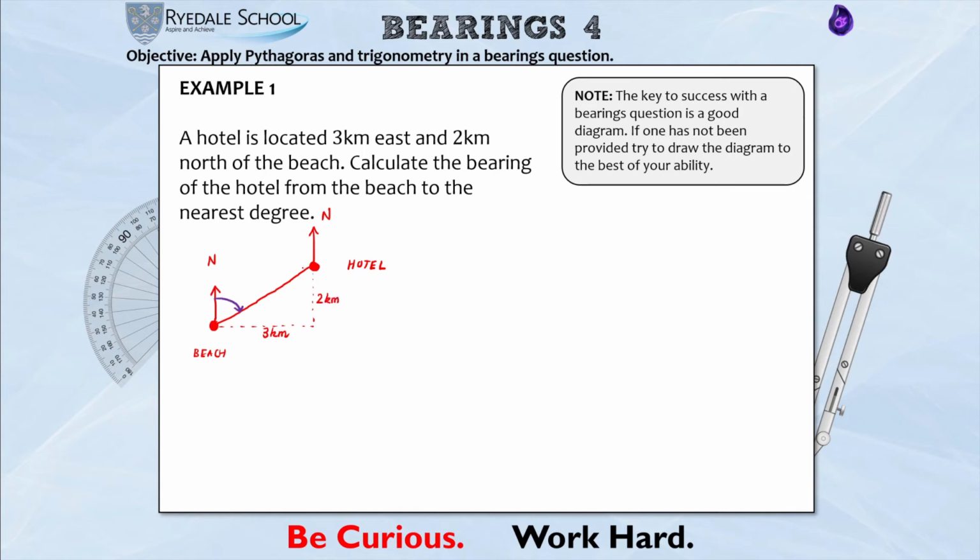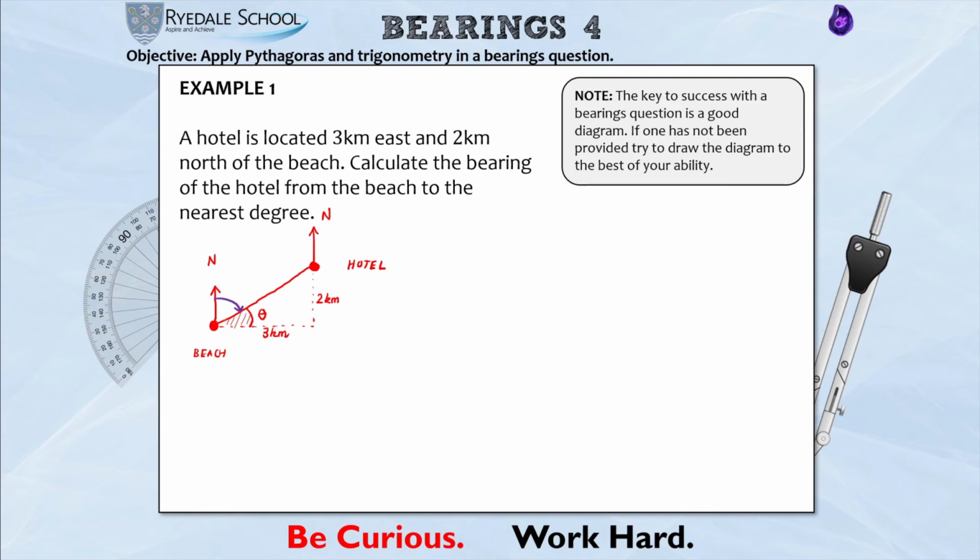And you can see I've got a right angled triangle here, and I could very easily use trigonometry to work out this angle, because this angle will help me work out the purple angle. Altogether, between north and east, that's 90 degrees. So if I can work out what angle theta is, I will be able to subtract that and work out the purple angle, the bearing that I need.